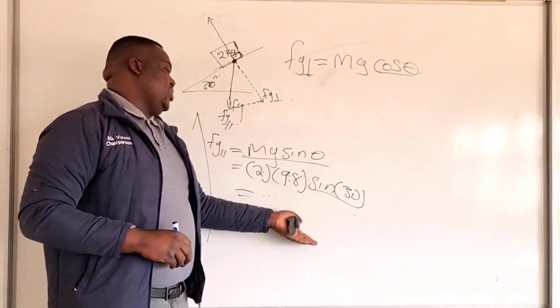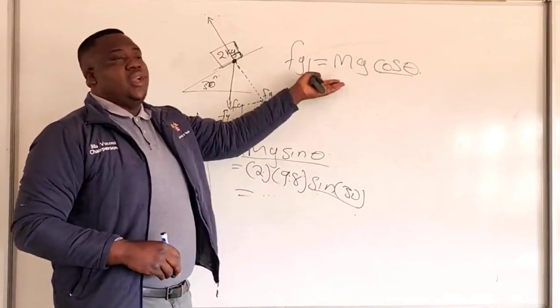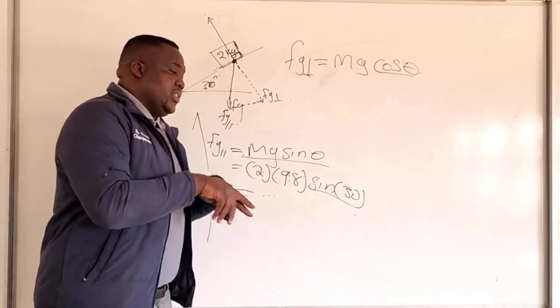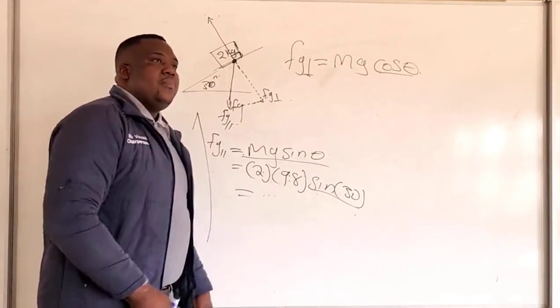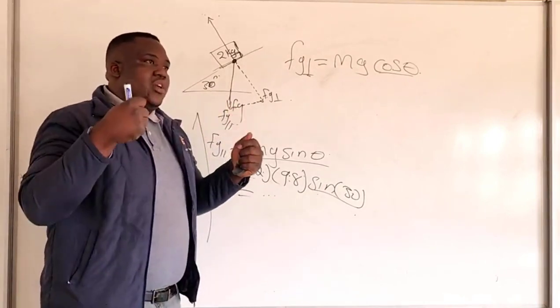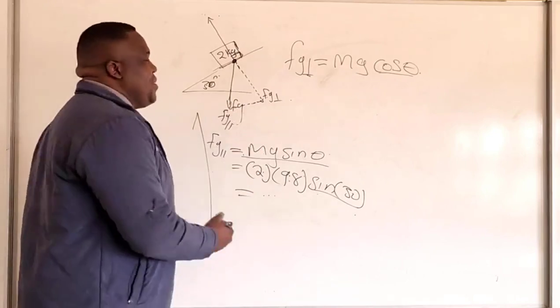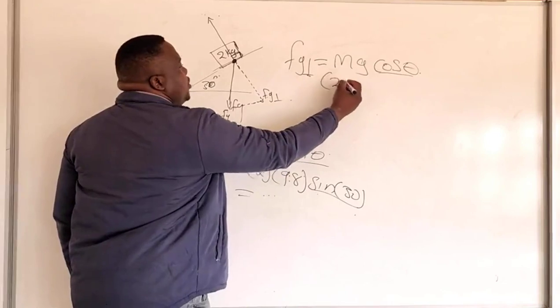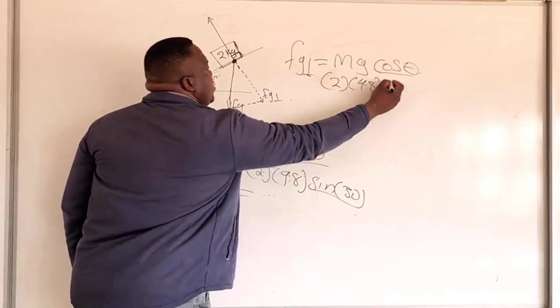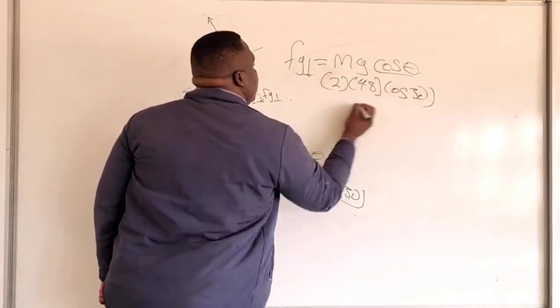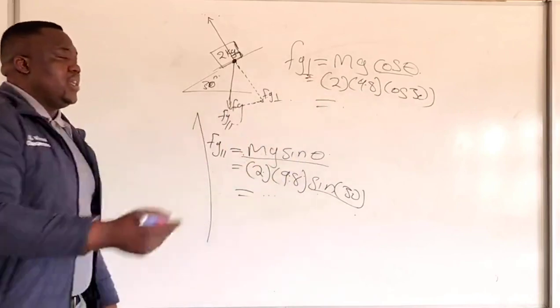For parallel, you use sine. For perpendicular, you use cos. Parallel causes an object to move down. Perpendicular causes an object to stick to the surface. Then here we're going to have 2 multiplied by 9.8 cos 80. Then we get the answer.